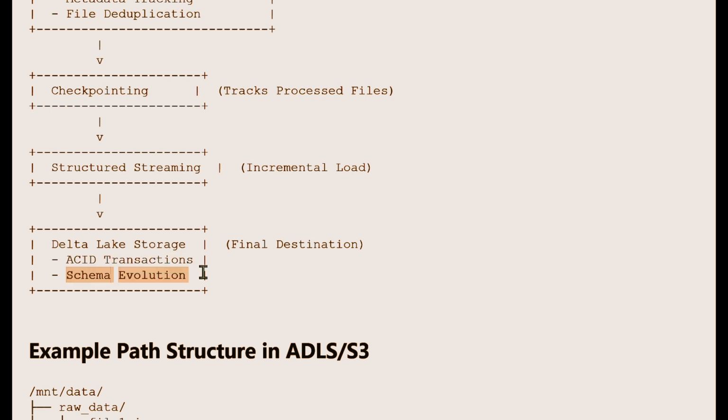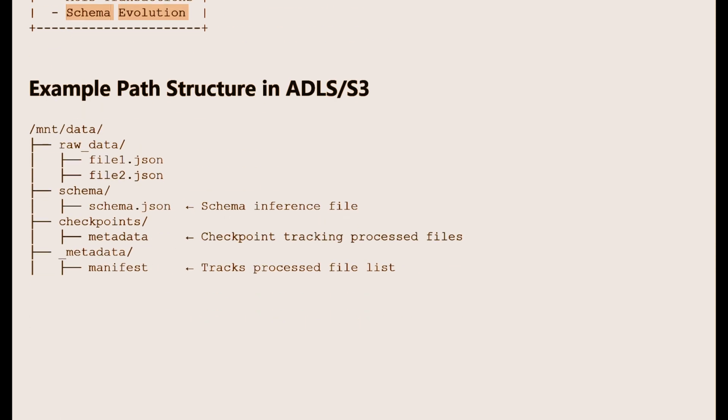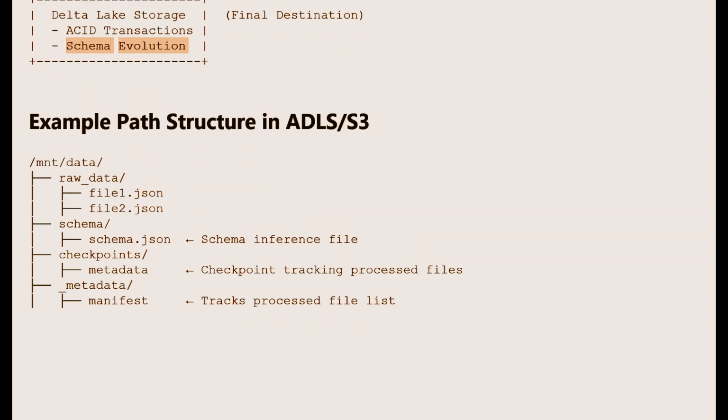So we get the data in the correct data type, inferring the schema, and we know that the data is now in its raw format in the bronze area. So that's pretty much the whole concept.